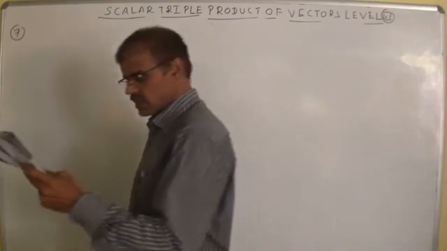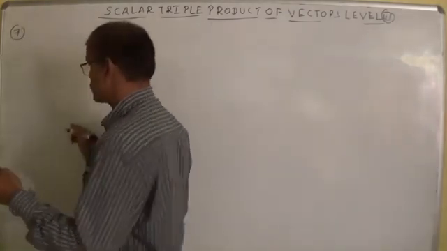Let us discuss the seventh question. A, B, C are non-coplanar vectors given.